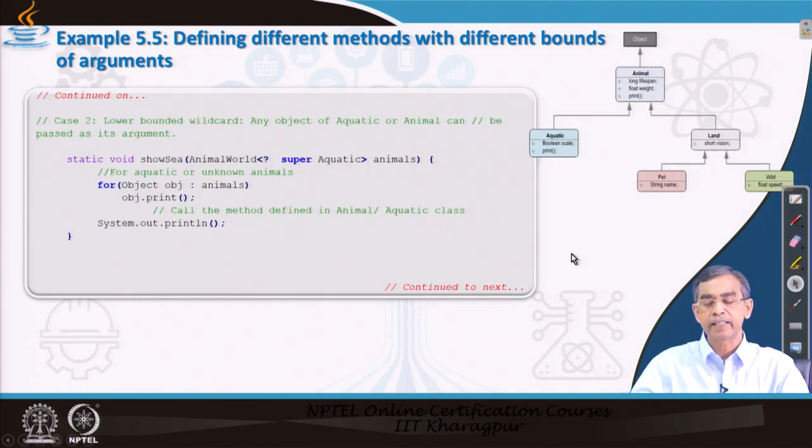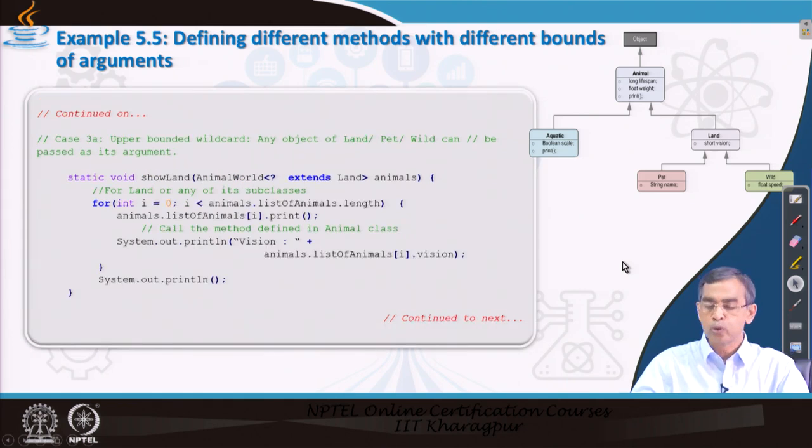Now, like vitality, let us declare a few more methods, like show aquatic with animal world super aquatic. This is an example where super means it is applicable to this class as well as its superclass. That is why super is there. It is a lower bound argument that we have declared. Similarly, there are other methods belonging to land.